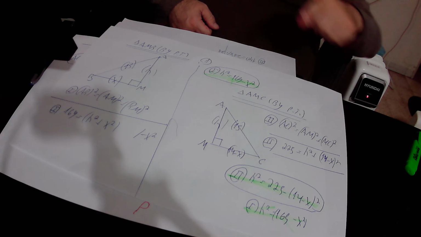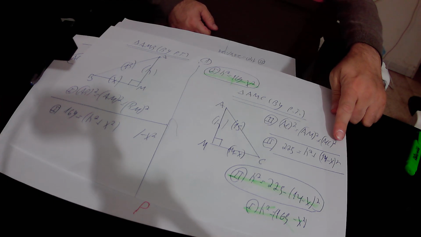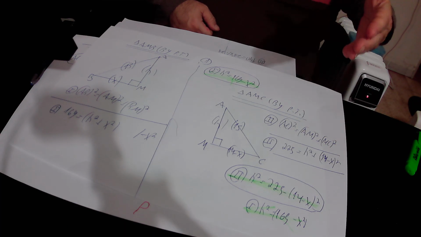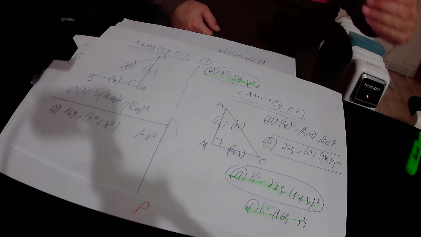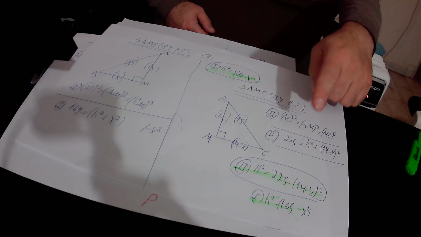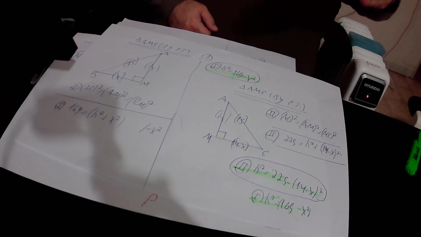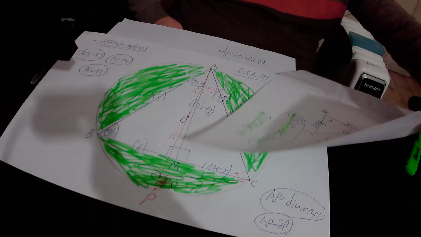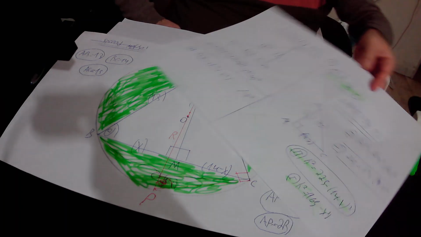Here we subtracted (14 minus x) squared from equation number 2 and finally found that, according to equation number 2, h squared equals 225 minus (14 minus x) squared. Well, according to equation number 1, we have already found out that h squared equals 169 minus x squared.